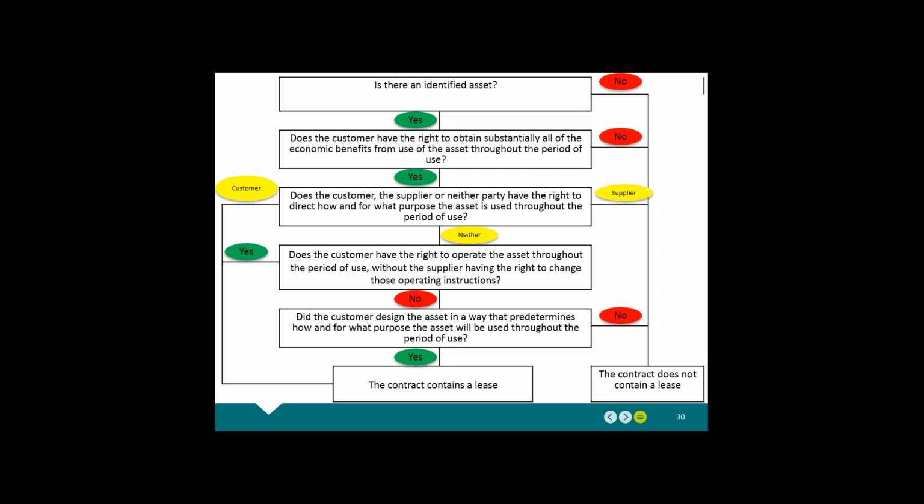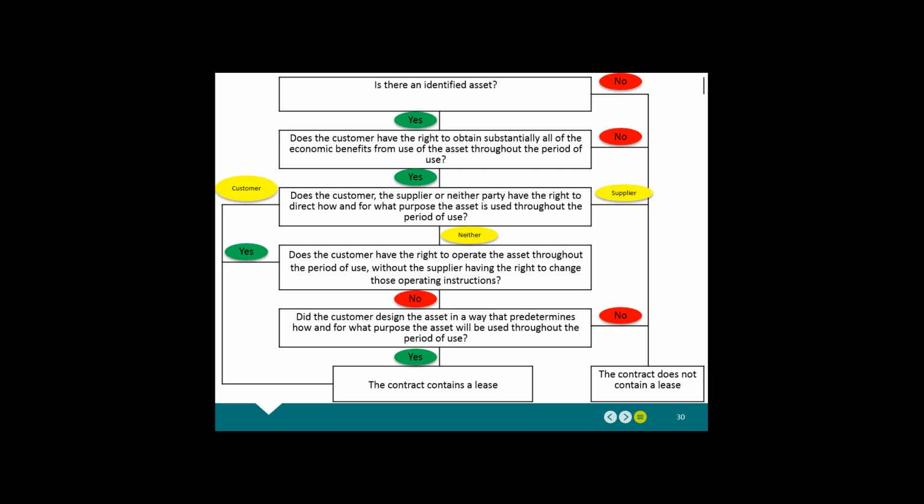So is there an identified asset in this contract? If you answer no, there's no lease. If you answer yes, we consider another question. The next question is, does the customer have the right to obtain substantially all of the economic benefits from use of the asset throughout the period of use? They talk about customer, they don't talk about lessee because we haven't decided yet whether it's a lease or not.